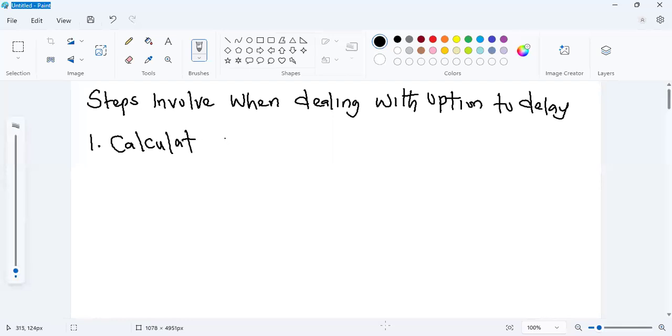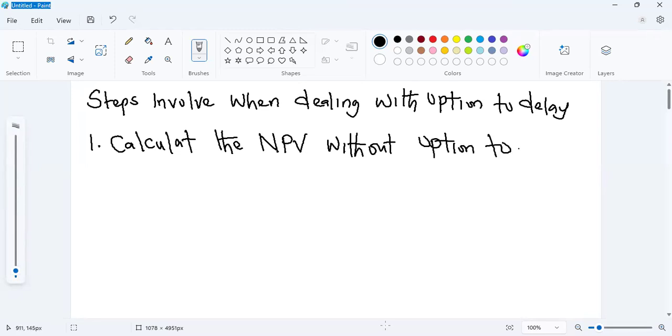Calculate the NPV without option to delay. This is your step 1.